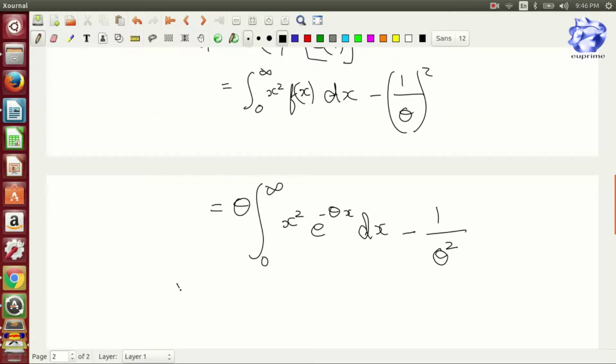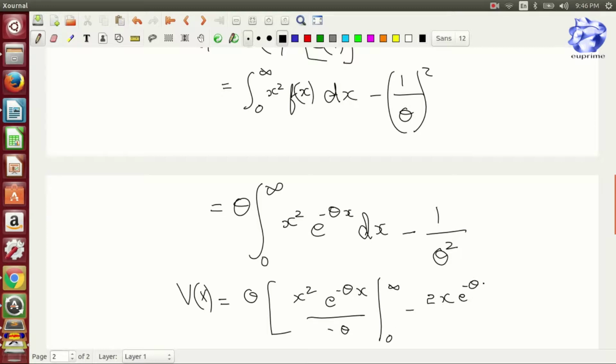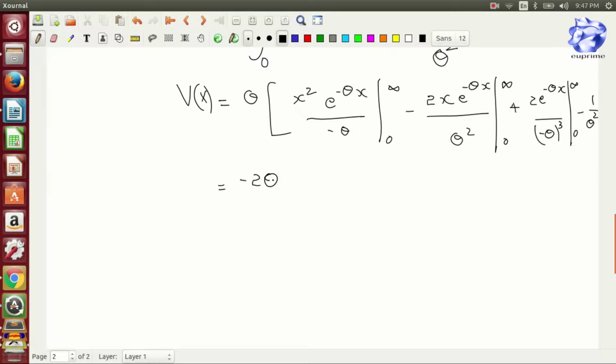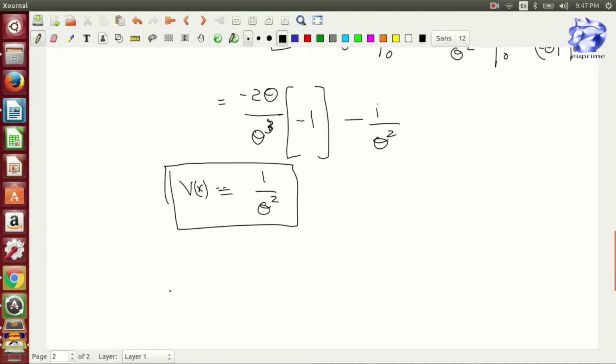By using the product rule of integration and substituting the limits, that is 0 and infinity, we get variance as 1 by theta square. We need to be careful while substituting the limits since we are dealing with 0 and infinity, which gives us quite a lot of trouble in mathematics.